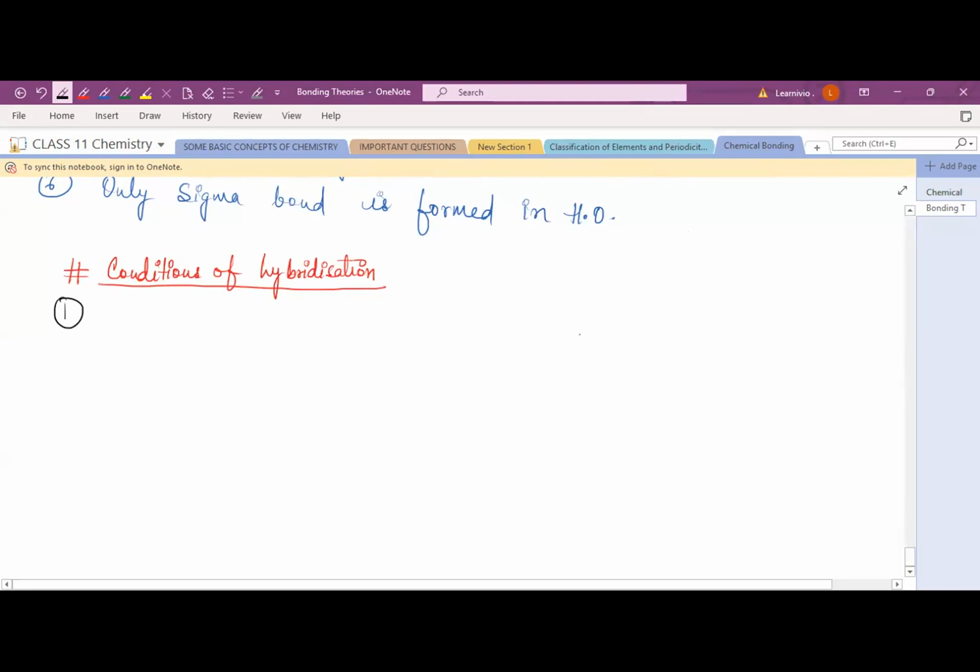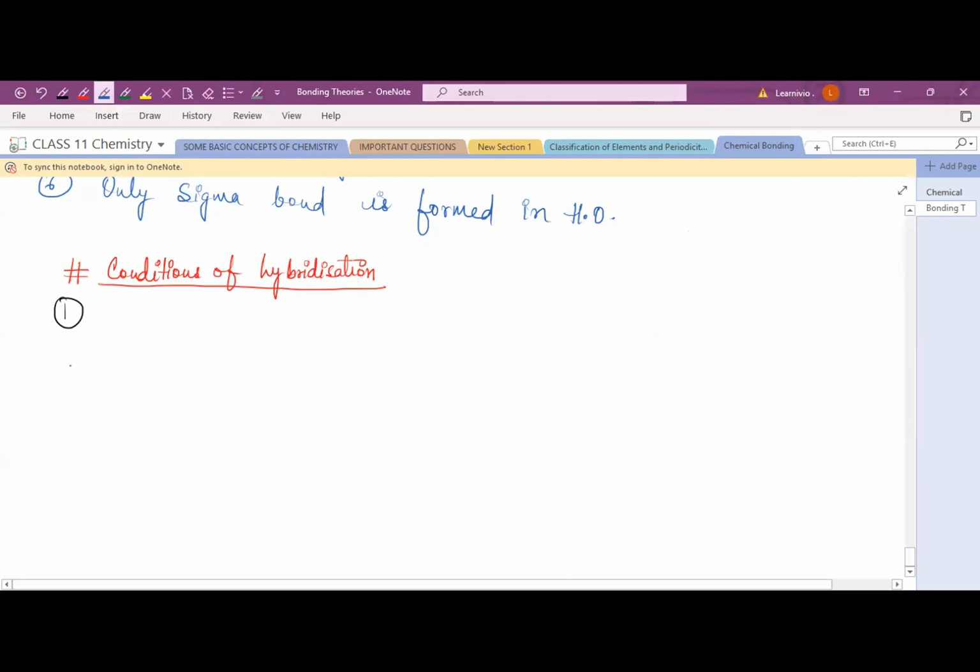For example, in this case, CH2, we just talk about the hybridization of carbon, because carbon is the central atom, not the hydrogen. We don't ask you in the exam to find the hybridization state of hydrogen, right? We only ask you to determine the hybridization state of the central atom, which is carbon over here.